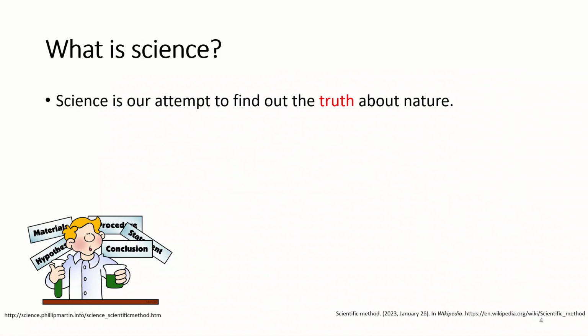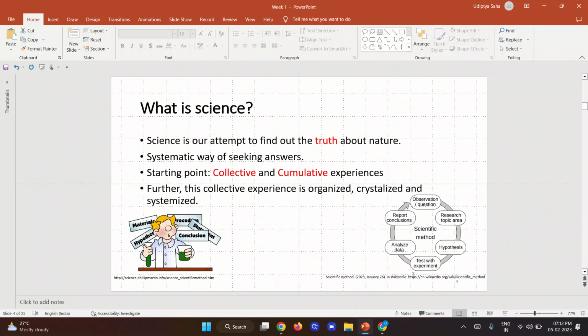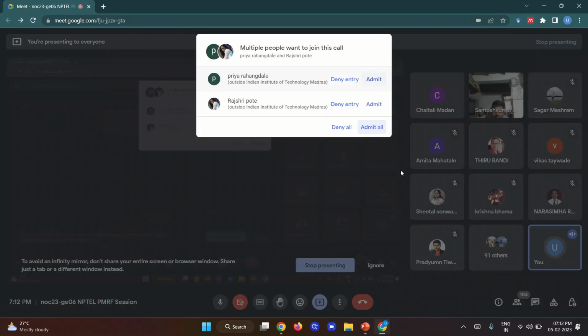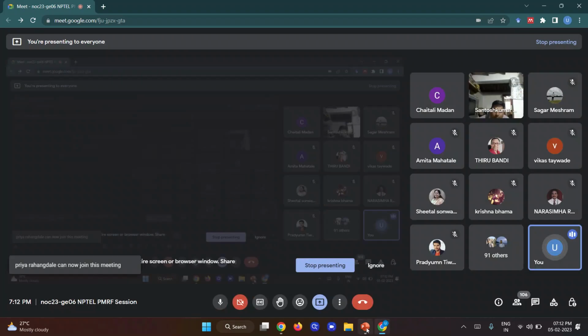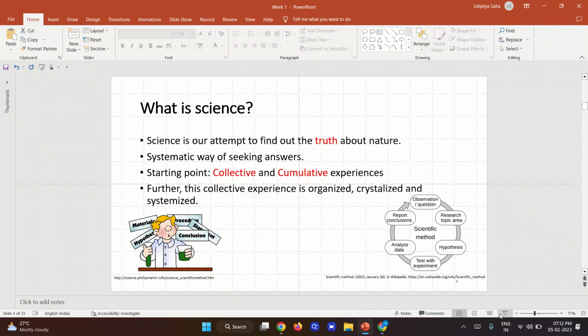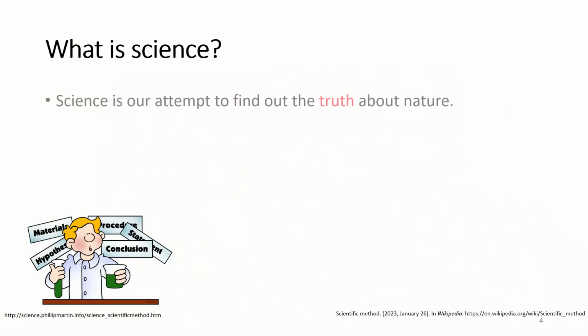From the videos, we got to know that science is our attempt to find out the truth about nature. We see a lot of things in our surroundings, and it's a way to understand those things and also to spread it to common people.